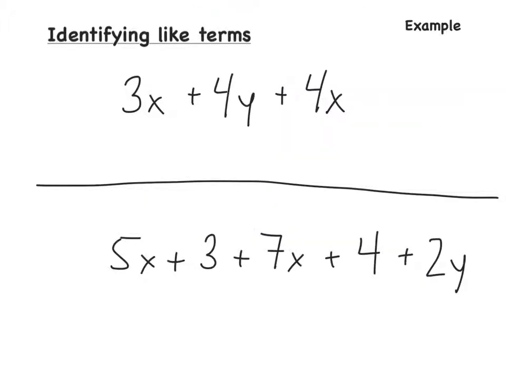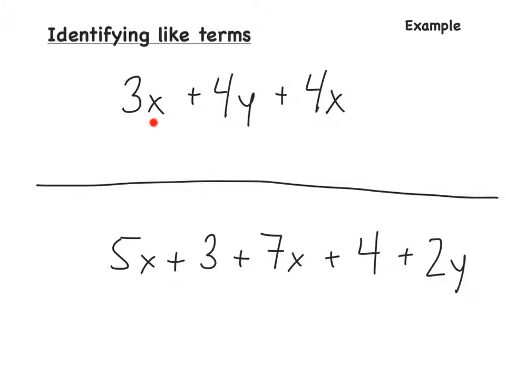You may hear me talking about puppies and kitties within my classroom when I'm talking about like terms. If you think about it, puppies and kitties don't really mix. So wherever we see x's, those are our puppies, and wherever we see y's, those are our kitties. Puppies and kitties do not mix.